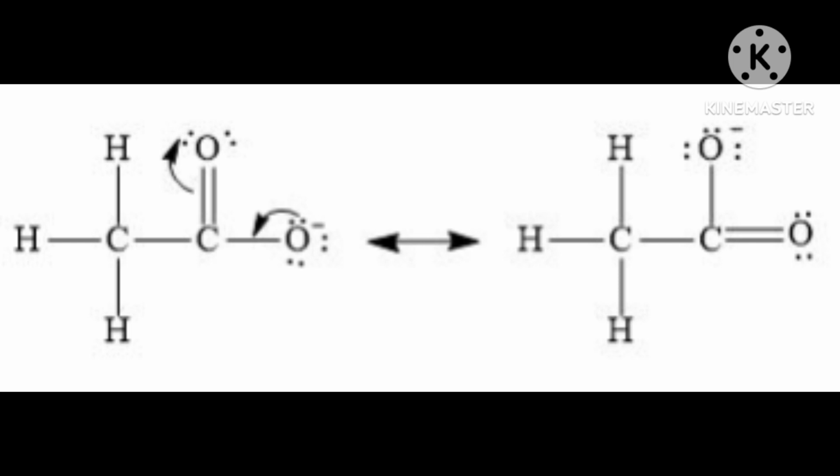Now how will you write the second structure? Here the electron movement will start. The CH and C single bond that was in structure 1 will now become double. The C and O was a double bond, so that bond will become single, and the electrons released from the double bond will be taken by the adjacent carbon, and the single bond will become a double bond.